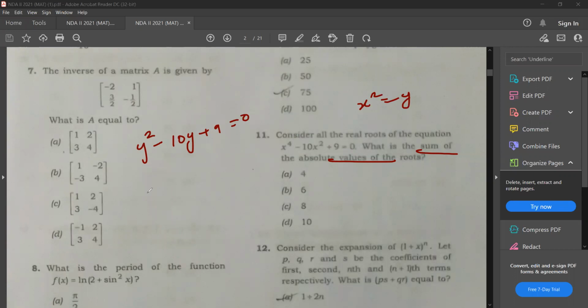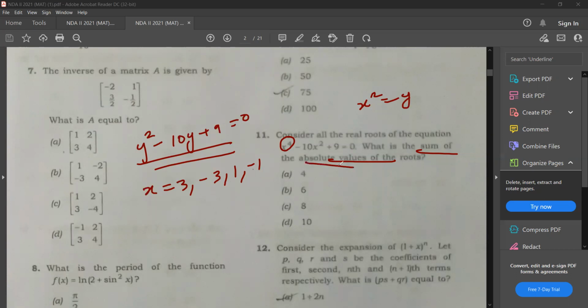So I'll be getting the values of x as 3, minus 3, 1, minus 1. Since it is raised to 4, surely I'll be having 4 roots.